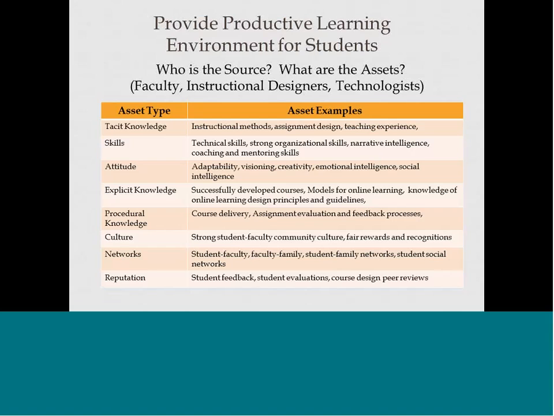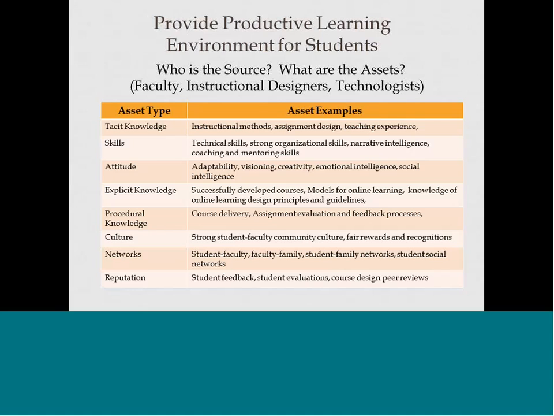Just overall knowledge of course delivery and design are critical here. Cultural assets here would be a strong student-faculty community culture, a culture of fair rewards and recognition. The networks here become a little bit more complex.